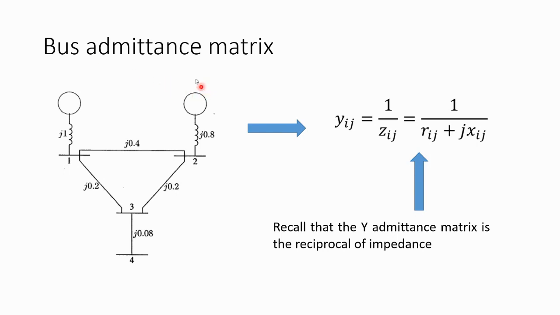Notice that the circle over here represents a generator. The branches here are the transmission lines. Notice also the impedance values given on the branches, and these two values represent the internal impedance of the generators. They are all given only in their imaginary form, lacking their real part.